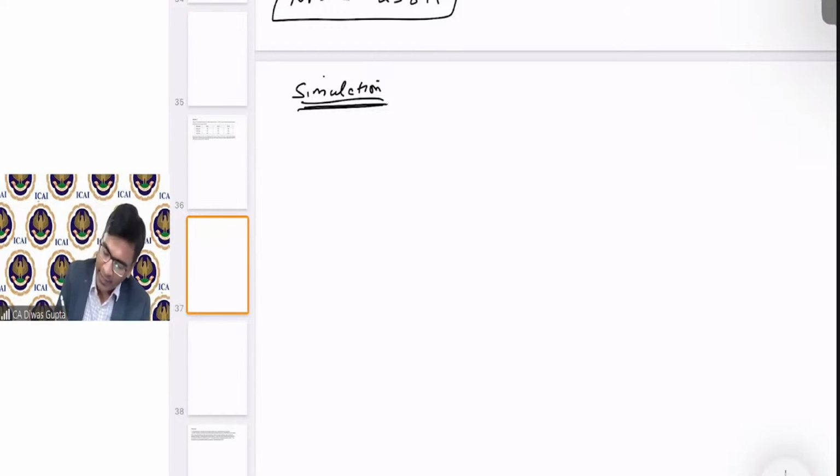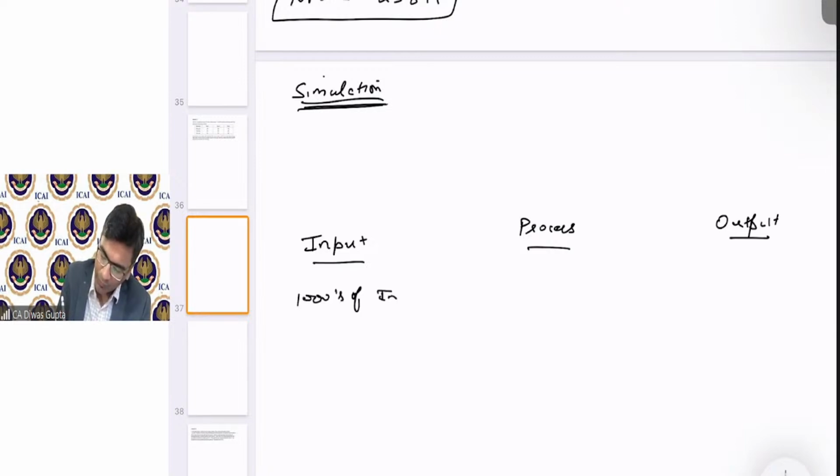Again, I will say input, process, and output. What if I keep on giving thousands of different inputs?